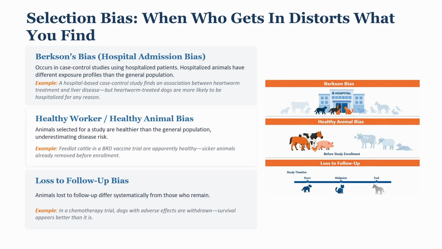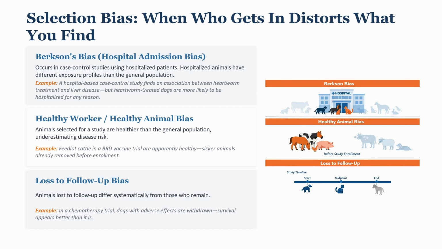In a chemotherapy trial, if dogs experiencing adverse effects are more likely to be withdrawn, the remaining dogs are relatively tolerant of the drug and healthier than the true treated population. Survival and adverse event rates will both appear more favorable than they truly are.